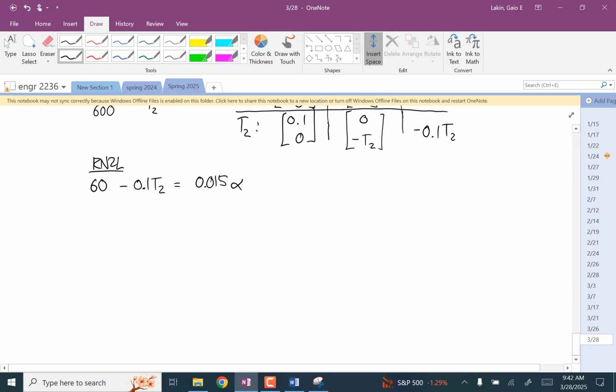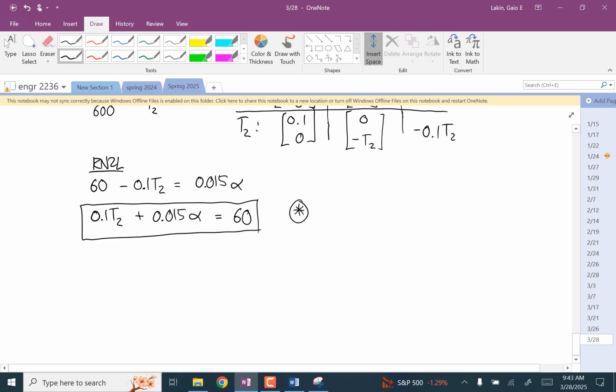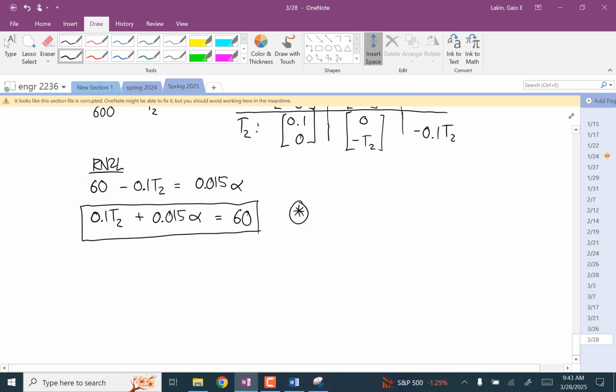And so I can write this as my first equation as 0.1 T2 plus 0.015 alpha is equal to 60. I'll call that my equation star. We're going to come up with this system of equations. We can't solve anything yet because that's one equation for 2 variables.